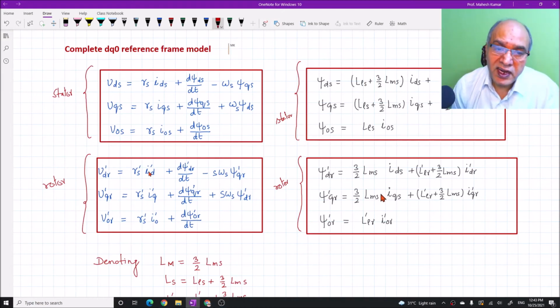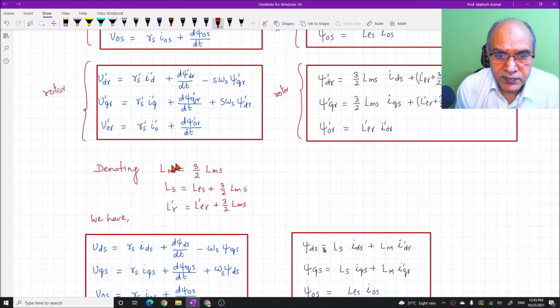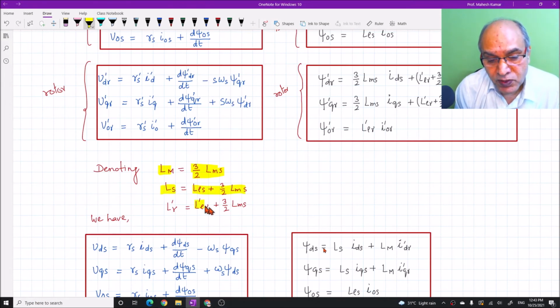We can simplify a little more by having the following notations. Let us denote 3 by 2 LMS as capital LM, and LLS plus 3 by 2 LMS as LS, and LLR dash plus 3 by 2 LMS as LR dash.